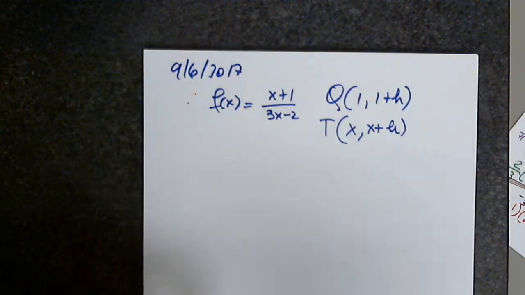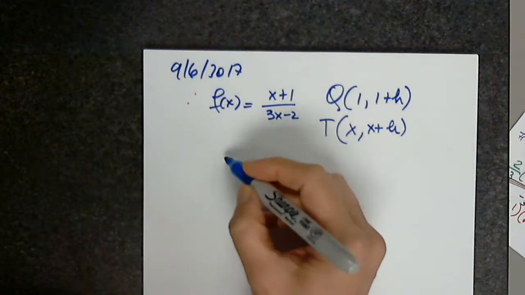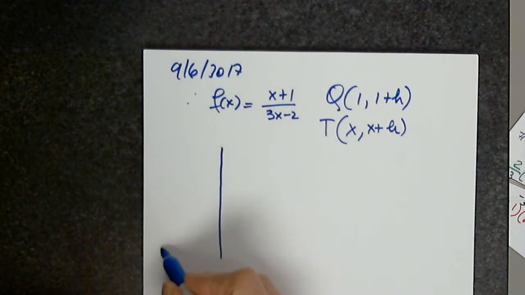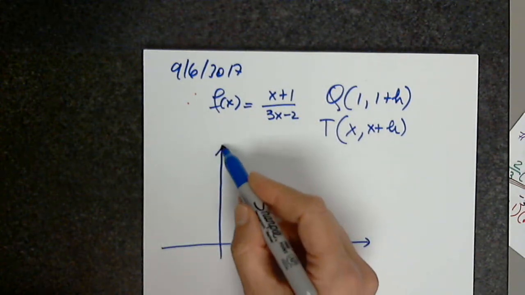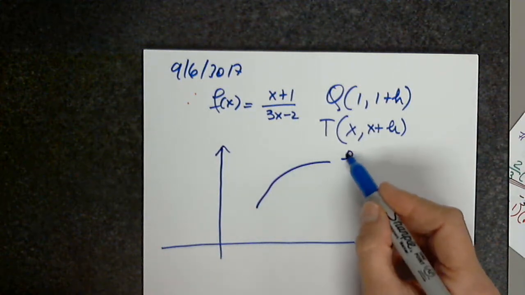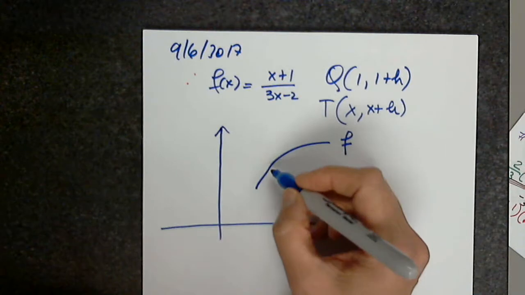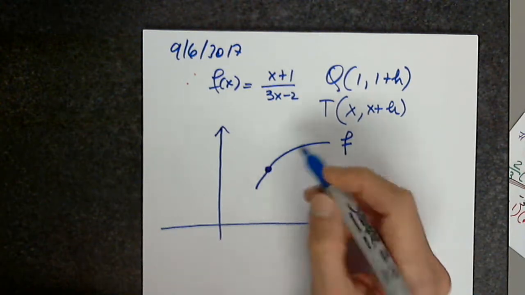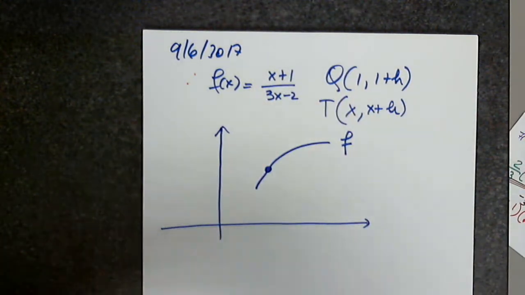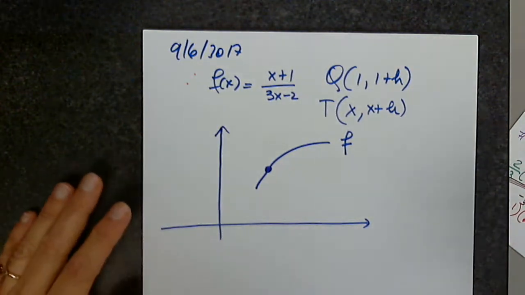So we're asked to determine, first I would like to just look at the background. Let's suppose we have a function, and this is the function f. And let's say on this graph, this is not the graph of this function. I just need a graph to explain what I'm doing.